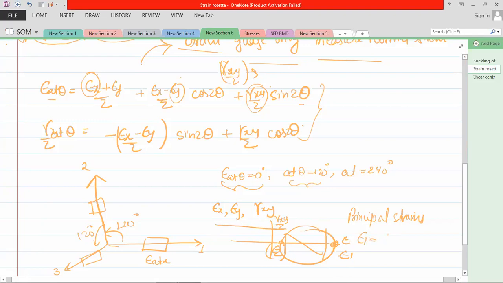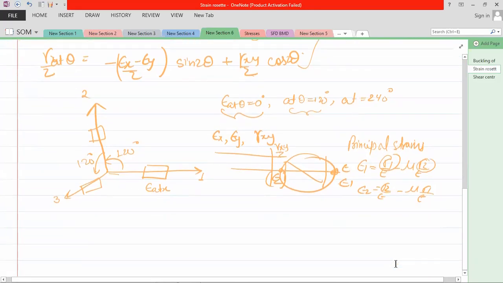Epsilon 1 is equal to sigma 1 by E minus mu times sigma 2 by E, and epsilon 2 is equal to sigma 2 by E minus mu times sigma 1 by E. So again, two equations, two unknowns, sigma 1 and sigma 2, we can obtain that. That's why we need to obtain the strains to draw the Mohr circle, and that Mohr circle will lead us to the principal stresses.